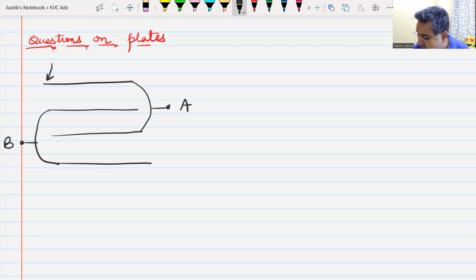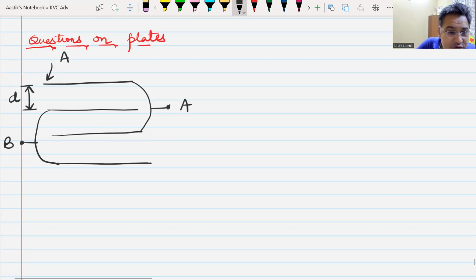It is given that the area of each plate is A, and the distance between any two plates is, let us say, D. So these are the informations given to you. How these plates are connected is given to you. The area of these plates is given, and the distance between the plates is given. And you would be asked to find out the capacitance of this system between point A and point B.